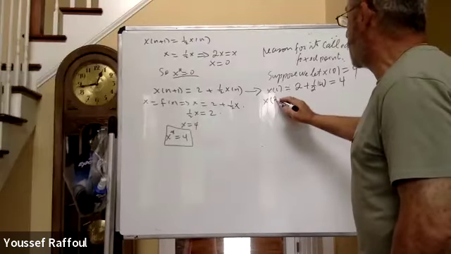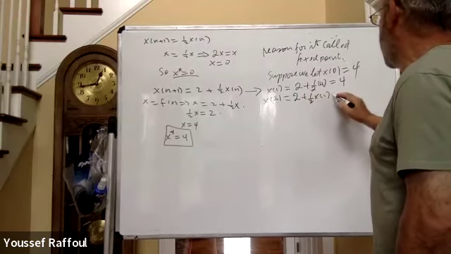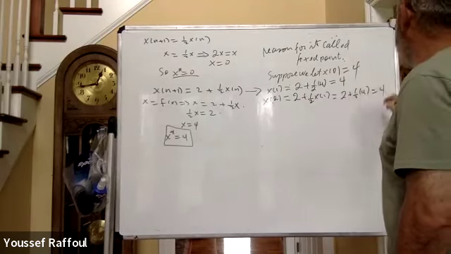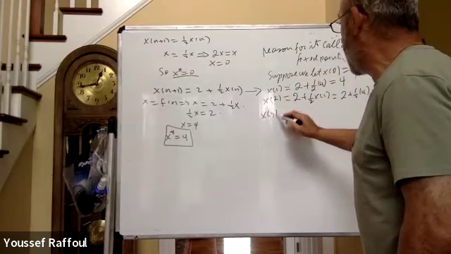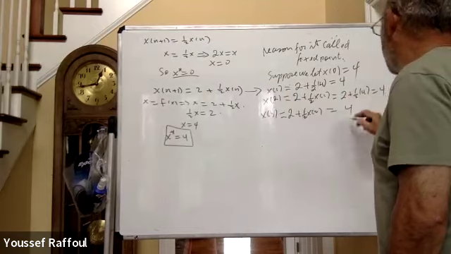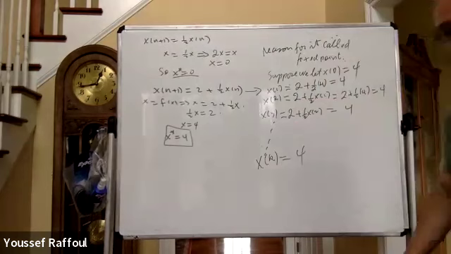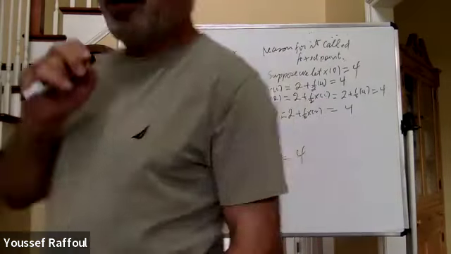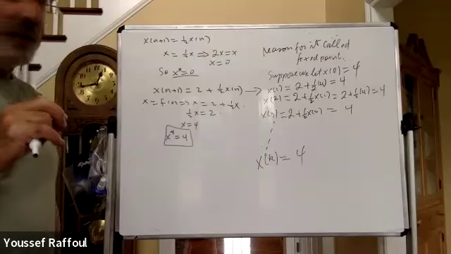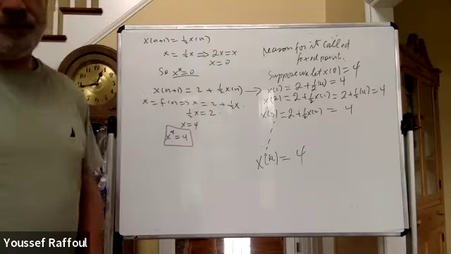What about x2? That is 2 plus 1/2 x1, which is 2 plus 1/2 times 4, and that is 4. What is x3? It is 2 plus 1/2 x2, that is 4, and then you will get x(k) equal 4. So if you choose your initial point to be the equilibrium solution, you will never leave. You will always be at the fixed point.